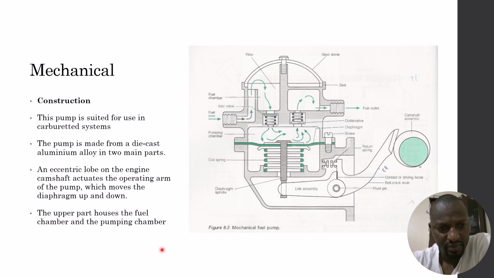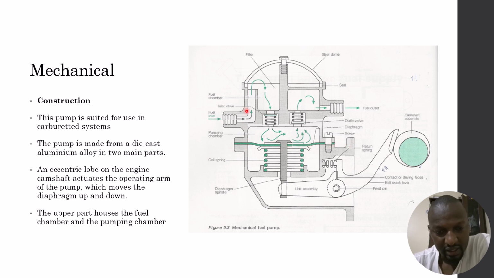Now, this pump, we said, is suited for carbureted systems, and the pump is made from aluminium that has been cast through a die. So the aluminium alloy pump is made from two sections, separated by this green line here, which is actually the diaphragm.